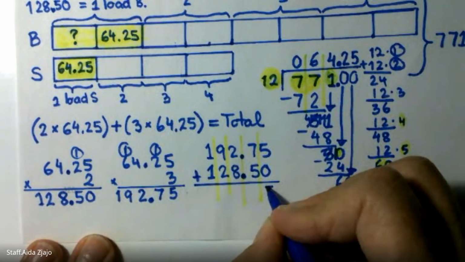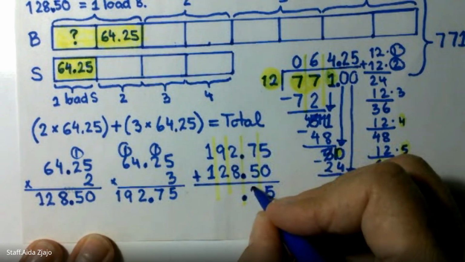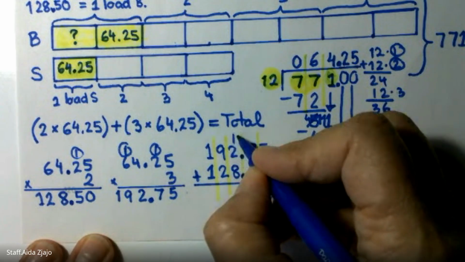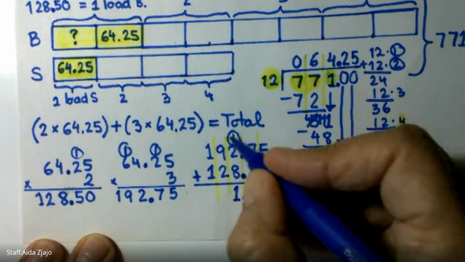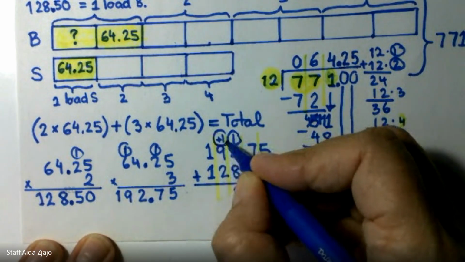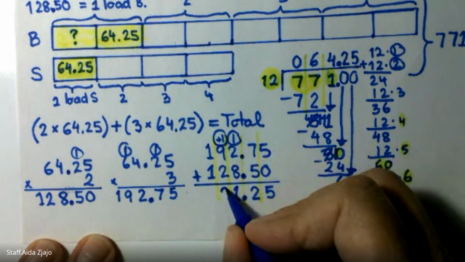So 5, decimal point, 7 and 5 is 12. I remember 1. 10 and 1 is 11. And again, I remember 1. I made 1 ten. 10 and 2 is 12.